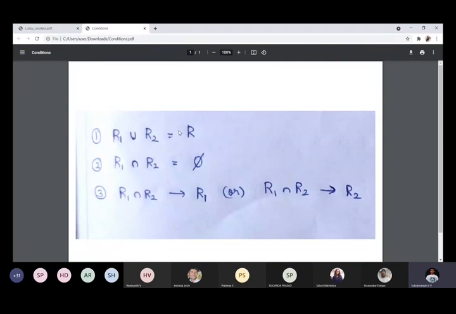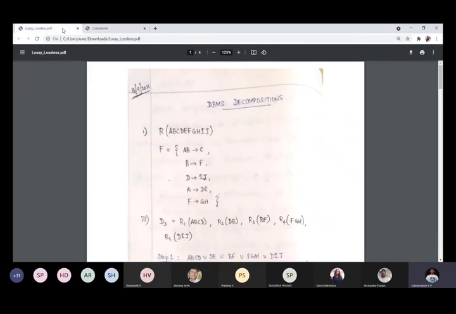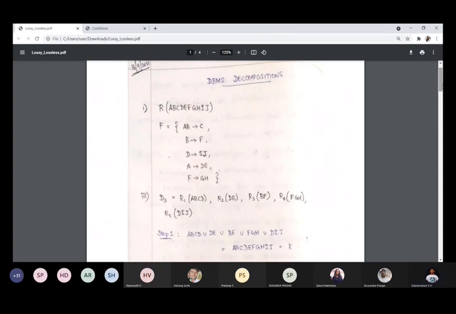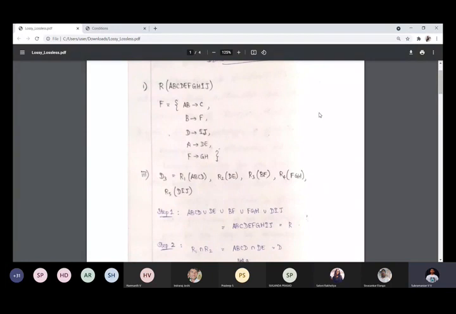Having that in mind, we'll move to the problem which we solved in the previous class. Are the problems visible? We have this relation from A to J, and the functional dependencies are given as these five dependencies.